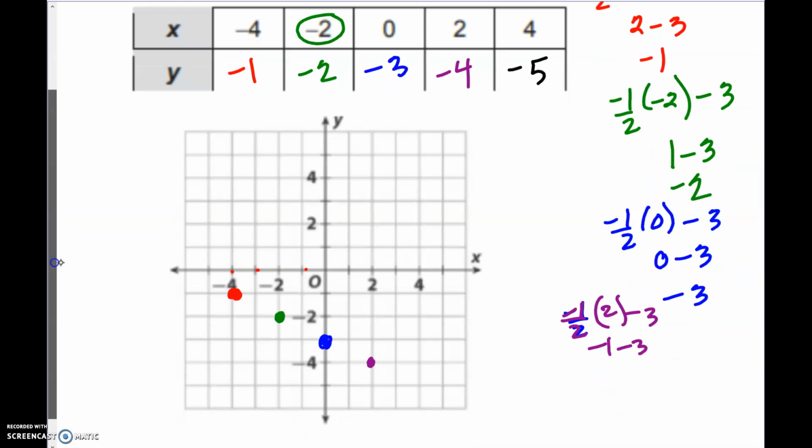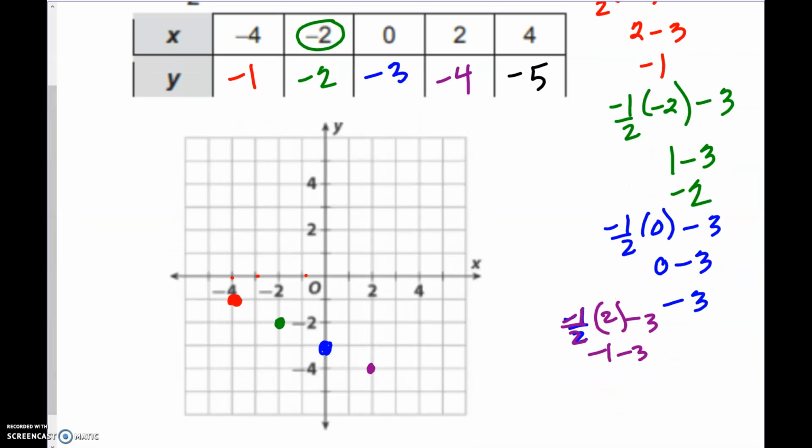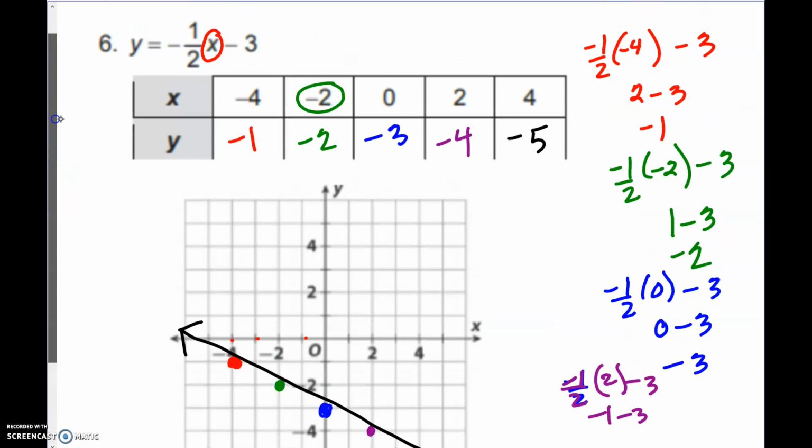And then the last one that they have here is (4, -5). All right, and if we connect those, they make a nice straight line. The constant here is your slope of -1/2.